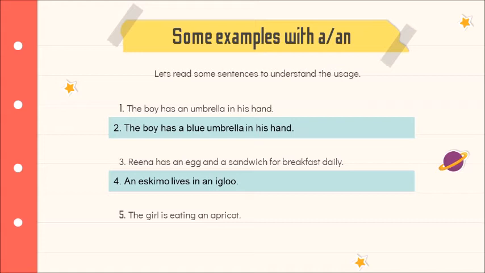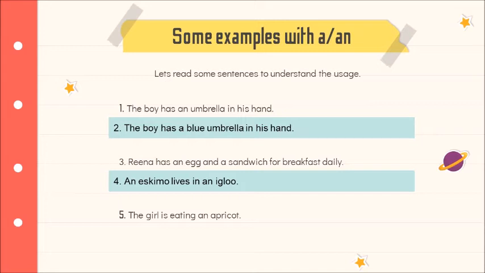Sentence 2. The boy has a blue umbrella in his hand. Let's understand carefully, children. Here I say a blue umbrella because blue starts with the b sound, which is a consonant sound. So a blue umbrella.